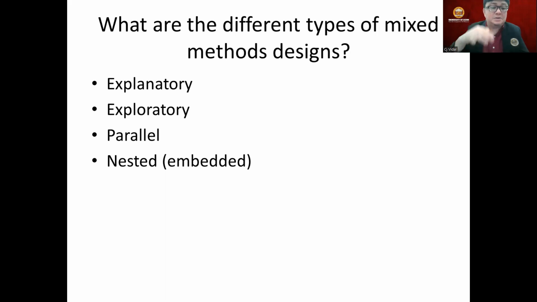So that's parallel. And the last one, we have the nested, which can be either a qualitative or quantitative main design with the alternative paradigm embedded. That's why it's also called embedded, within the study to answer a complementary question.